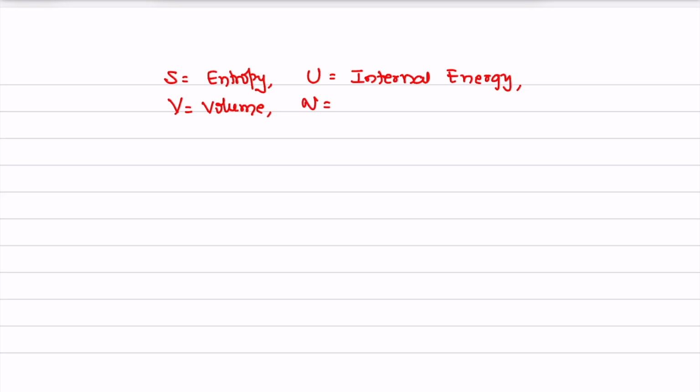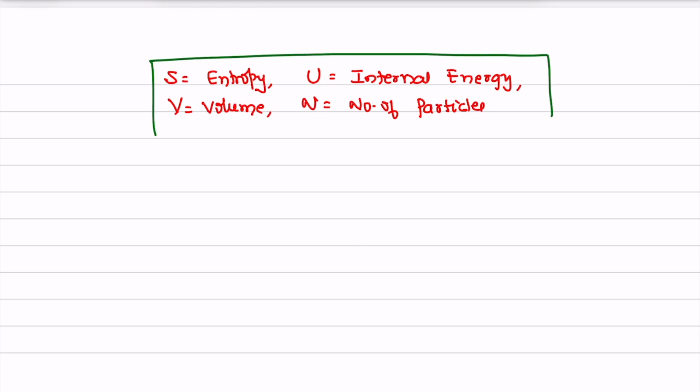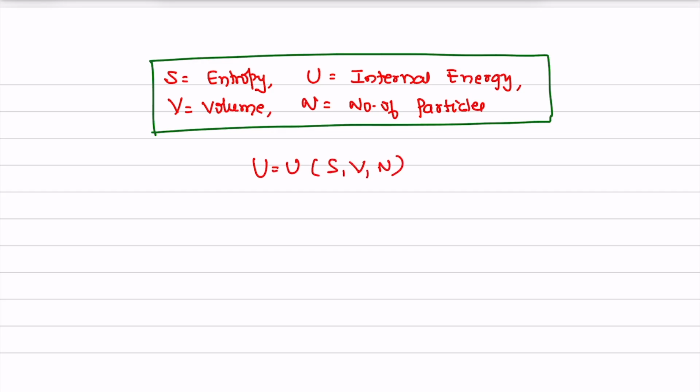N is equal to number of particles or moles, whatever you call, as per the convenience. Very important. And U is equal to a function of S, V, N. This is also very important.